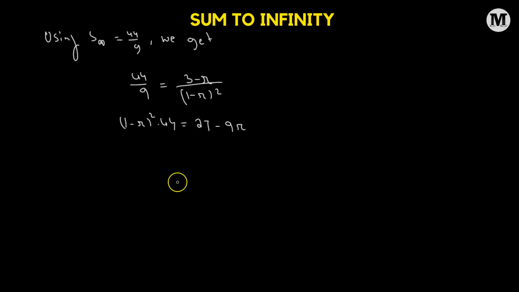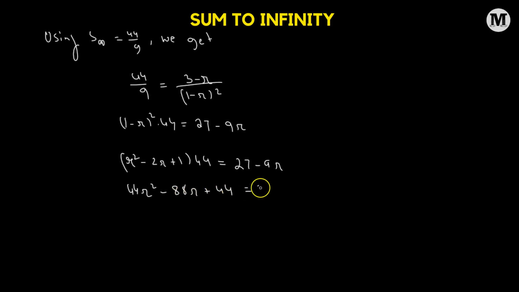Furthermore, we can simplify to get R squared minus 2 times R plus 1 multiplied by 44, equal to 27 minus 9R. So we have 44R squared minus 88R plus 44 equals 27 minus 9R. Now we're going to transpose this negative 9R to the right hand side. So 44R squared minus 79R plus 44 minus 27, that's 17, equals 0.